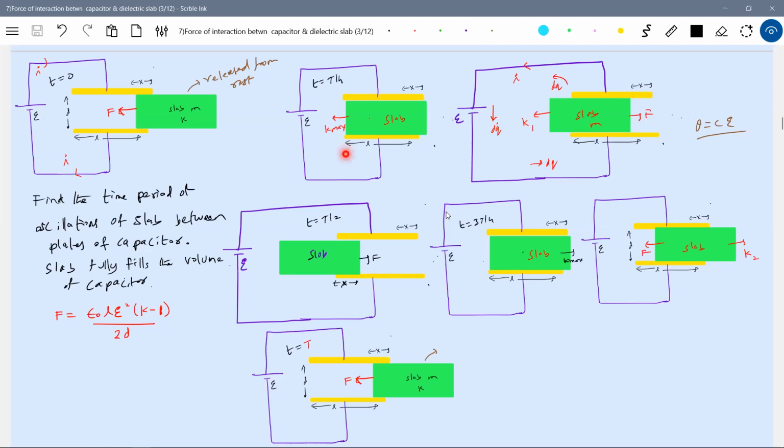I should show an intermediate diagram, one more diagram is needed, no? I'll bring one more diagram.